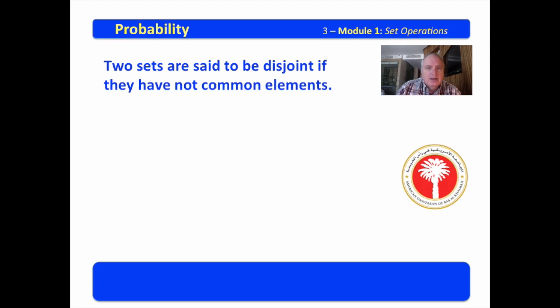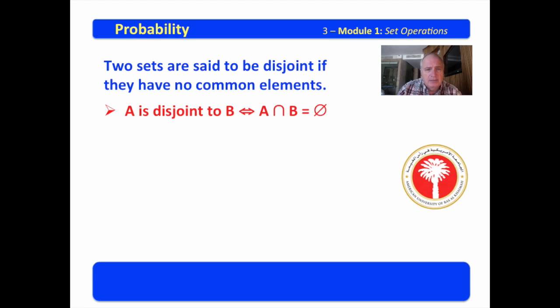Very cool. Now, here's another term. We've met the term union, we've met the term intersection, and we've also found the complement of a set. Two sets are said to be disjoint if they have no common elements.